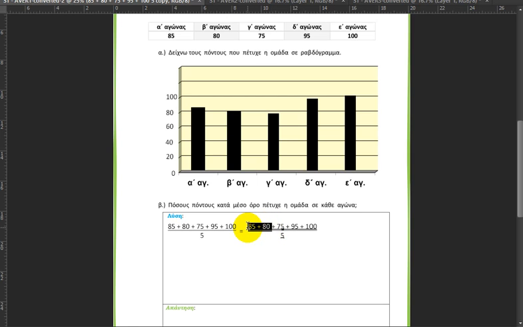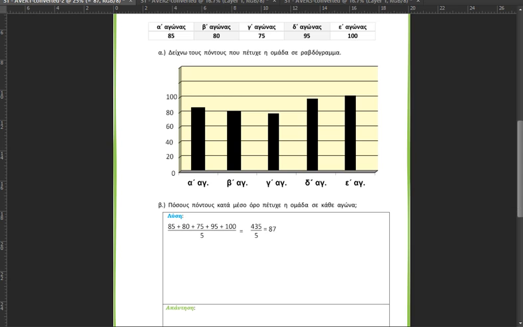And then I'm going to say 85 plus 80 is making 165. Plus 75 would give me 240. Plus 95 would give me, oh, I just blacked out there for a second. 335 plus 100 give me 435. And if I divide 435 by 5, I would get what? 87.